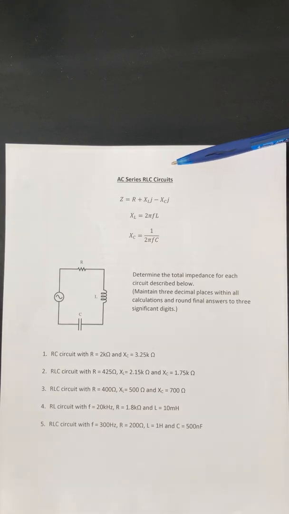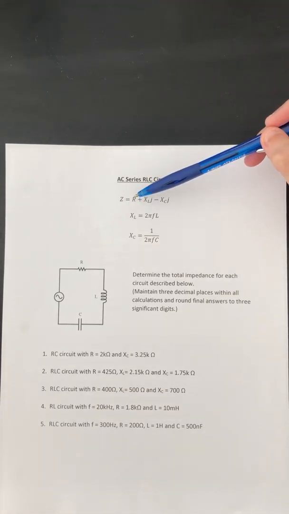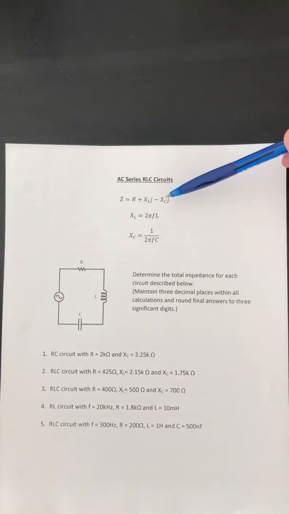So when I say vector sum, we must picture the resistance oriented on the positive real axis, the inductive reactance on the positive imaginary axis, and the capacitive reactance on the negative imaginary axis.